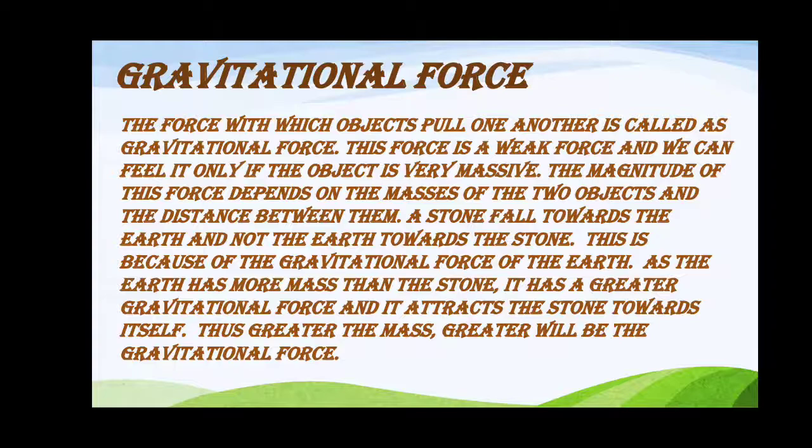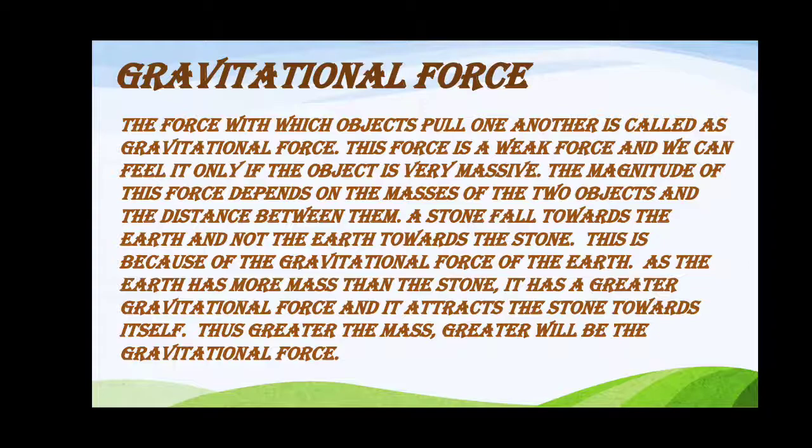If the mass is more, the gravitational force of attraction will be more. So we said that the force is directly proportional to the product of their masses. But if the distance between the objects is more, the gravitational force of attraction will become less. So we say that the gravitational force is inversely proportional to the square of the distance between the masses.